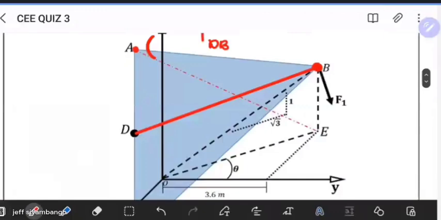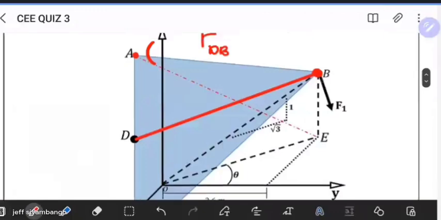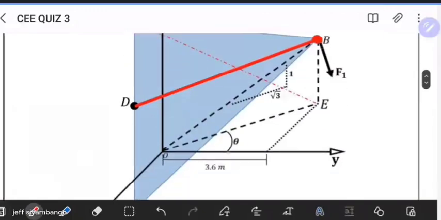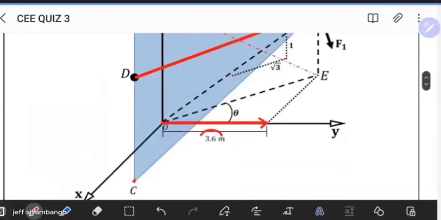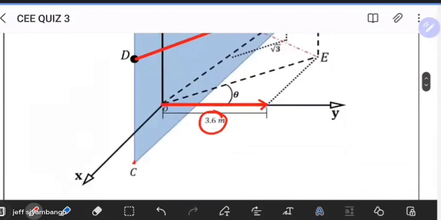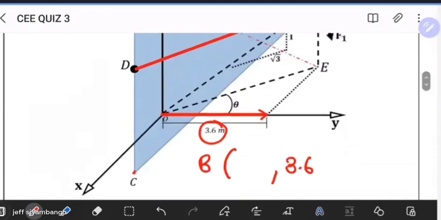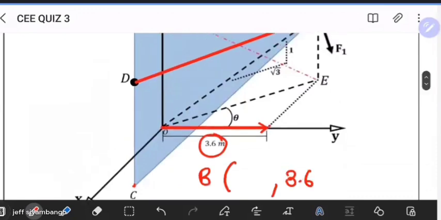So how do we get the coordinates of B? Well, we can look at the lines. The y coordinate is already given, and it is 3.6. So the point B has y coordinate 3.6, in a positive direction. The x coordinate will be here.